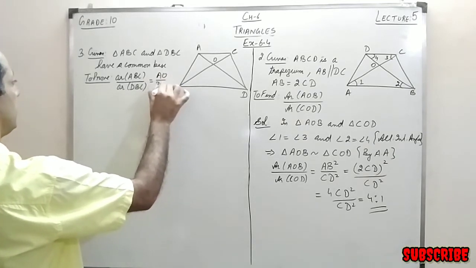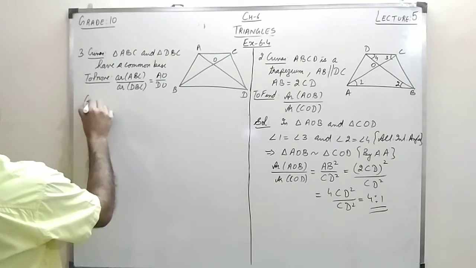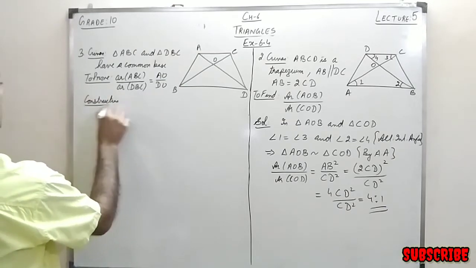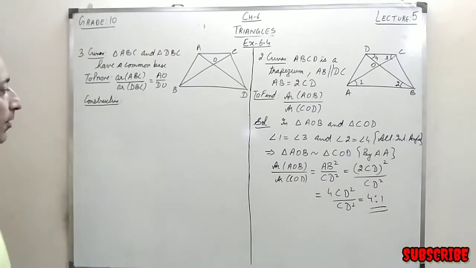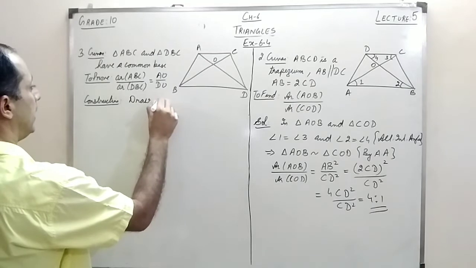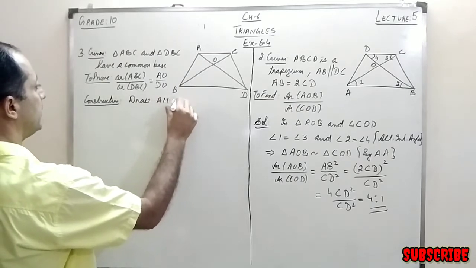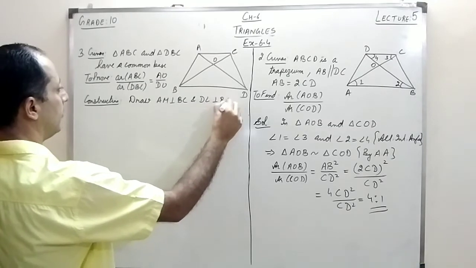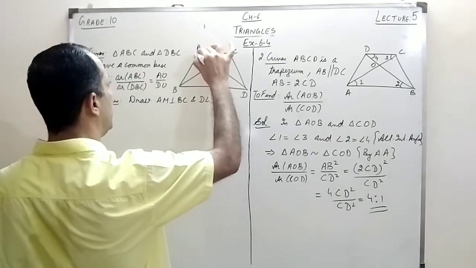Now obviously when we have to find the area of a triangle, we need somewhere an altitude. So we do a construction, we draw AM perpendicular to BC and DL perpendicular to BC. So I draw two perpendiculars here.